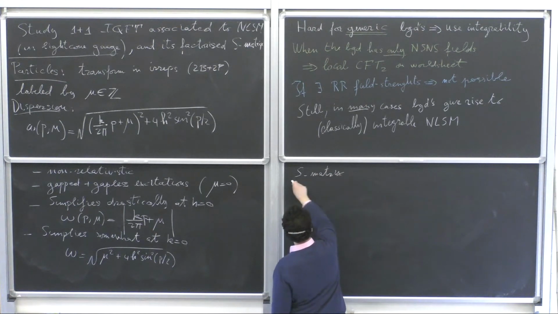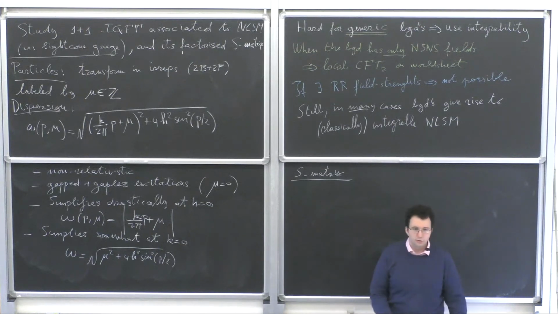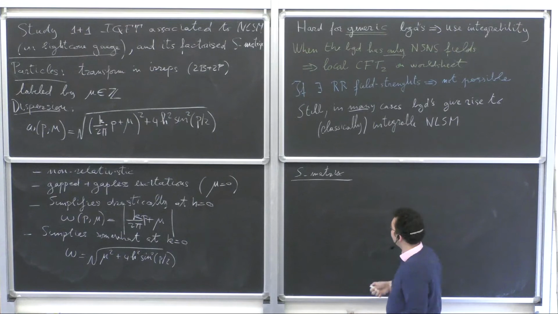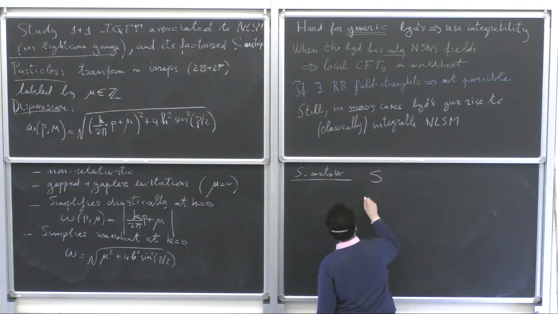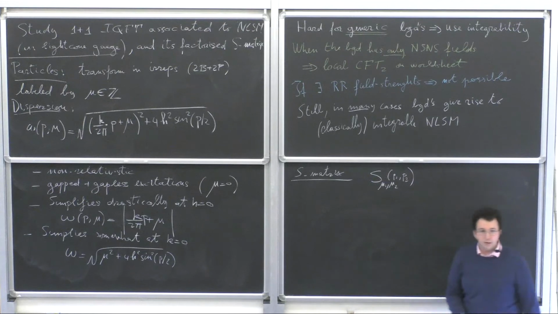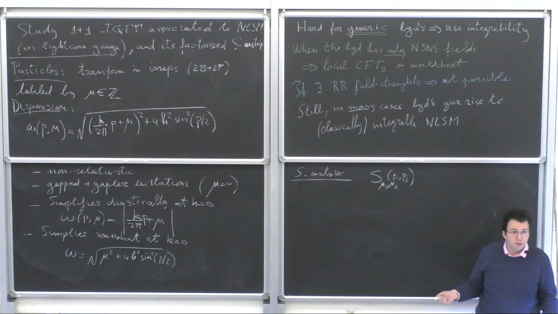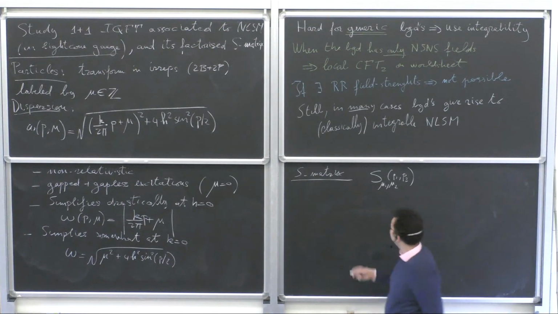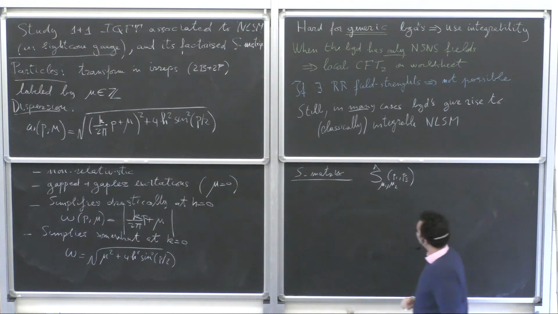Well, the S matrix breaks down in blocks because you want to break it down into the reducible representations corresponding to the different particles. So I will call it S mu1, mu2 of p1 and p2. It doesn't depend on some rapidity because this theory is non-relativistic, so it's not obvious that you can put it in difference form. Let me put in a little hat to remind you that it's a matrix.